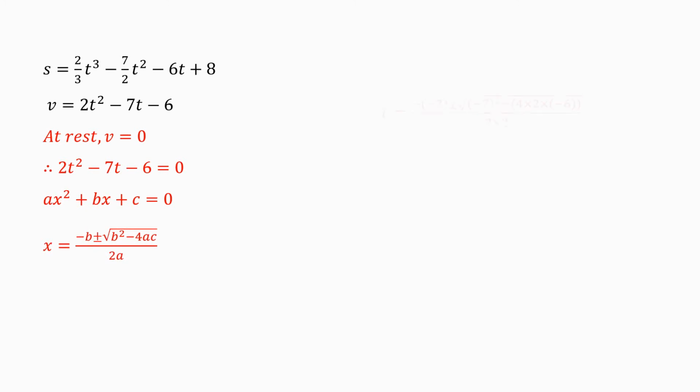So going back to computing the value of t, it will be minus negative 7, because our b is negative 7, plus or minus the root of negative 7 squared minus 4 times a, which is 2, times c, which is negative 6, over 2 times a, which is 2.